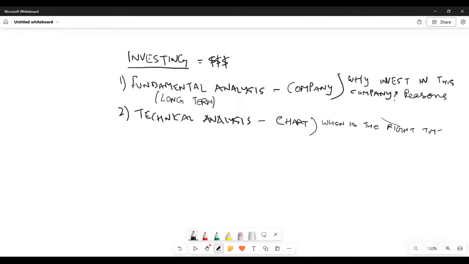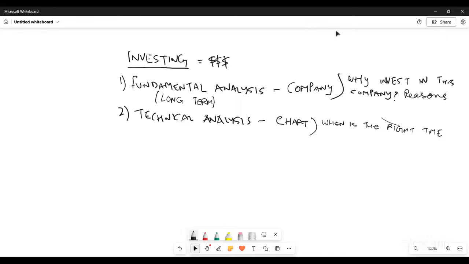It can also tell you when to get out of your positions. It's not always about when to buy. Charts can also tell you when to sell. It's just that we are never trained that way, right? Everywhere we go, they only talk about the chart with the purpose of when to buy. That's the only thing they talk about, right?